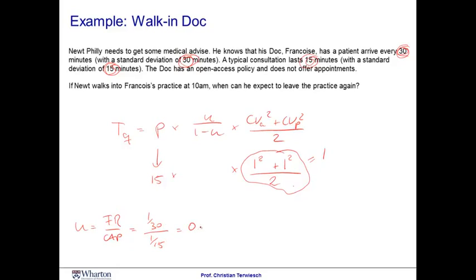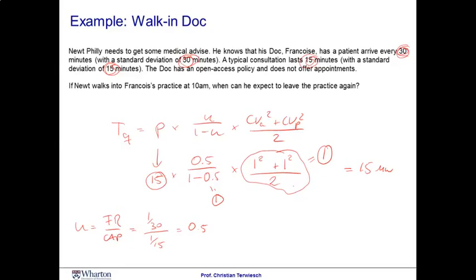Then I have a utilization of 50%. In other words, if I plug this in, this middle factor is simply 50% divided by 1 minus 50%, which is equal to 1. So the total wait time thus is 15 times 1 times 1 equals 15 minutes.